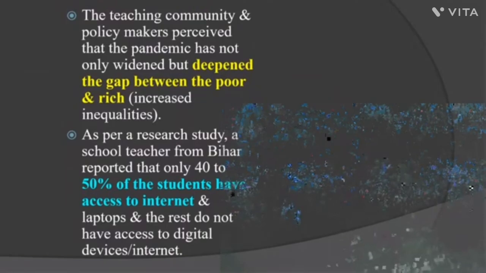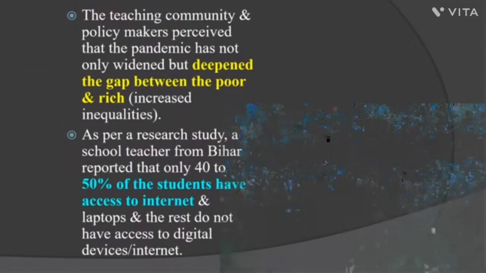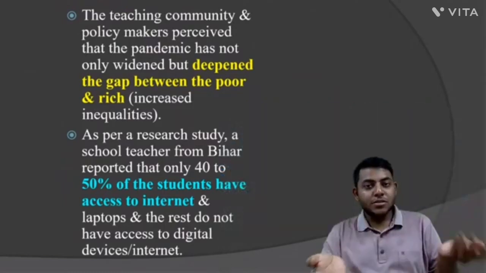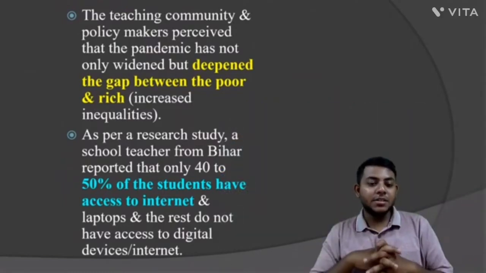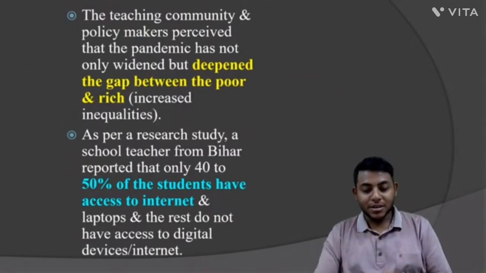The teaching community and policymakers perceived that the pandemic has not only widened but deepened the gap between the poor and the rich. So it has basically increased inequalities. As per a research study, a school teacher from Bihar reported that only 40 to 50% of the students have access to internet and laptops, and the rest do not have access to digital devices or internet.